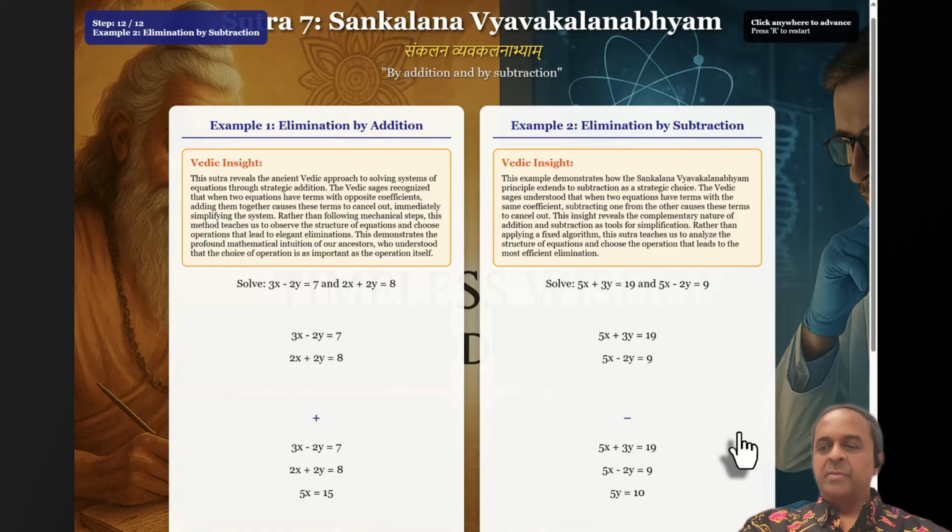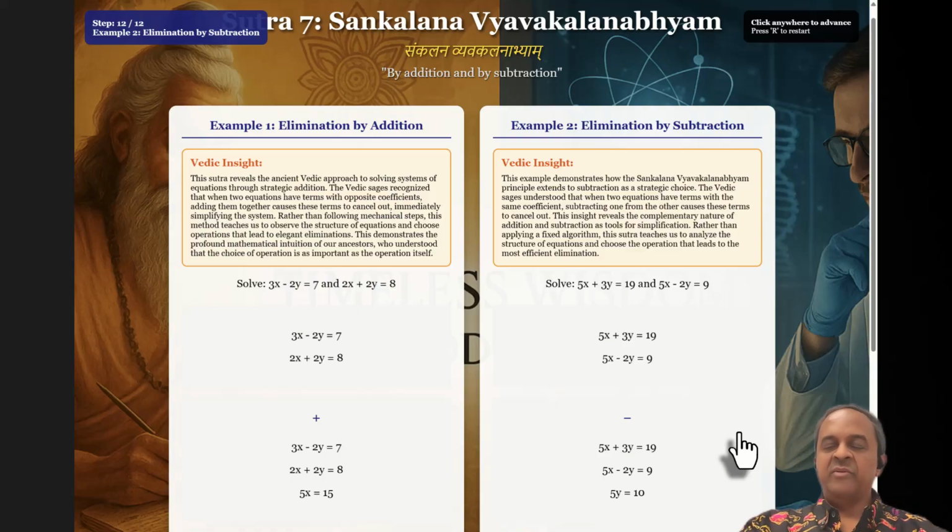Sankalana-vyavakalanabhyam demonstrates the elegant efficiency of Vedic mathematics by strategically applying addition and subtraction. Complex mathematical problems become systematic and straightforward. The Vedic insights we have explored reveal how ancient sages developed methods that remain relevant and powerful even in our modern world.